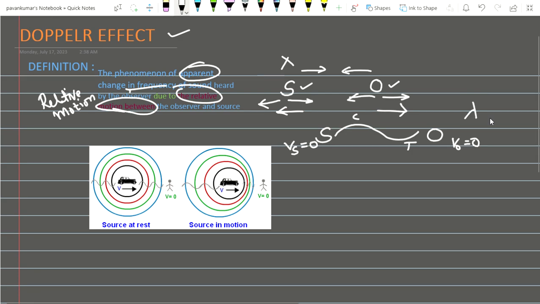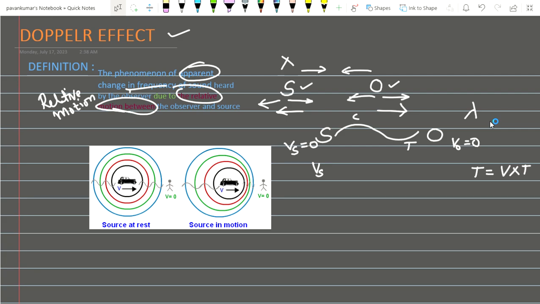Suppose the source is moving with velocity Vs. Then at a time period t, the distance travelled by the sound wave is given by velocity of sound wave into time.